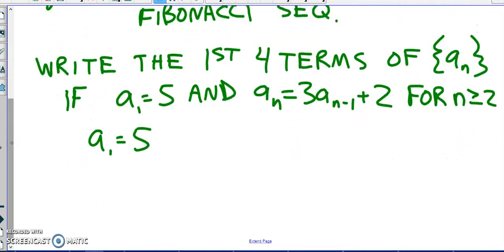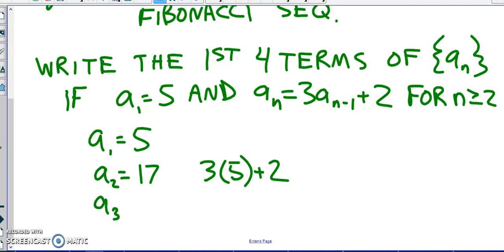So then, I'm going to use this piece right here. I'm going to say, okay, A2 would be 3 times A1 plus 2. So 3 times 5 plus 2 would be 17. So A2 would equal 17.